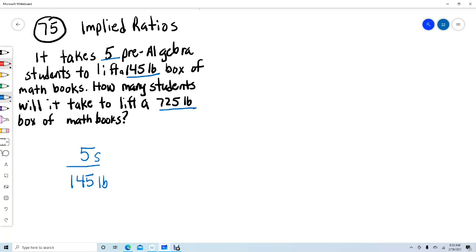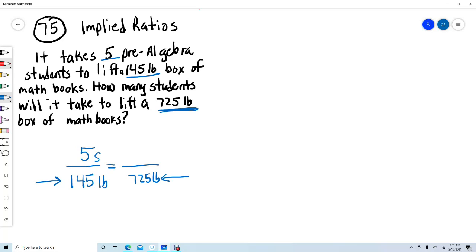All right, we have some more information in pounds. Remember how I told you the denominators have to match type of information? We're going to represent pounds in the denominators in both ratios.